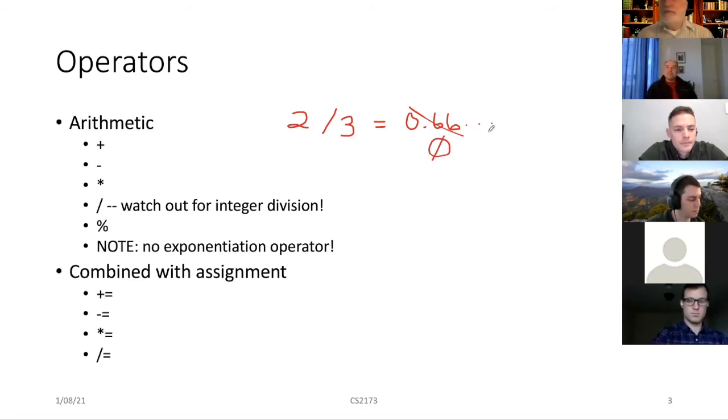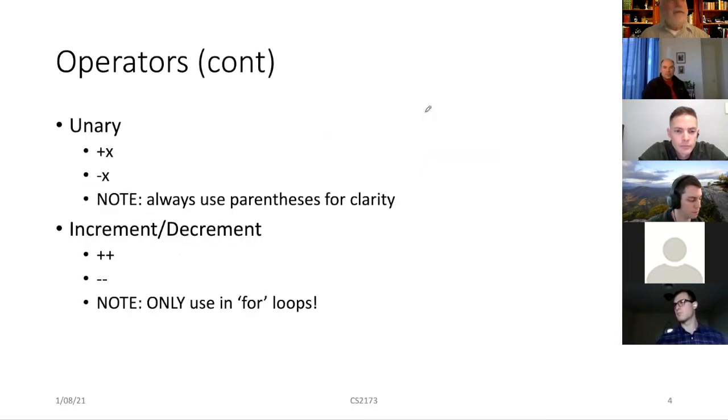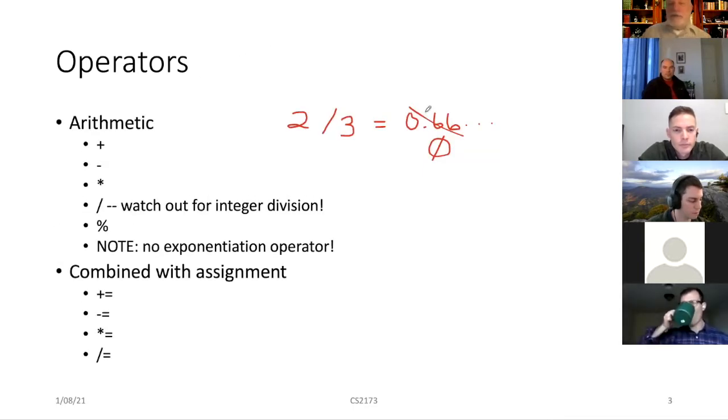Let's talk through this. This is where the strongly typed language differs from a loosely typed language. In a loosely typed language, a number is just a number. So in JavaScript, in Python, in any of the non-typed languages, you would get the digital approximation to this. You're correct in that.